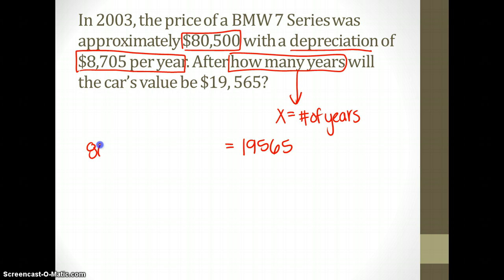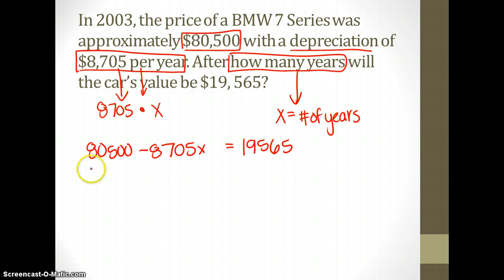It started at $80,500, and it's losing $8,705 per year, so that'd be $8,705, and per generally means to multiply. If it's depreciating, that's how much value is being lost each year.